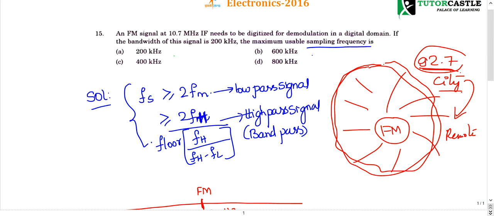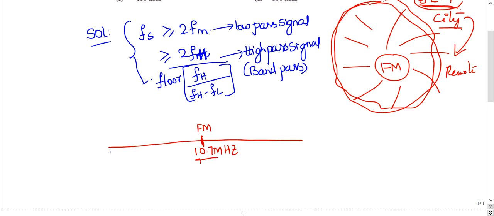domain. If you don't understand this, it doesn't matter, but you need to understand the keywords. The FM signal is at 10.7 and has a bandwidth of 200 kilohertz. So the overall bandwidth is 200 kilohertz. Here we are visualizing in a circular fashion, but in general it will be linear. So 100 to the left, 100 to the right. 100 kilohertz is 0.1 in mega, so it becomes 10.6 mega and 10.8 mega.